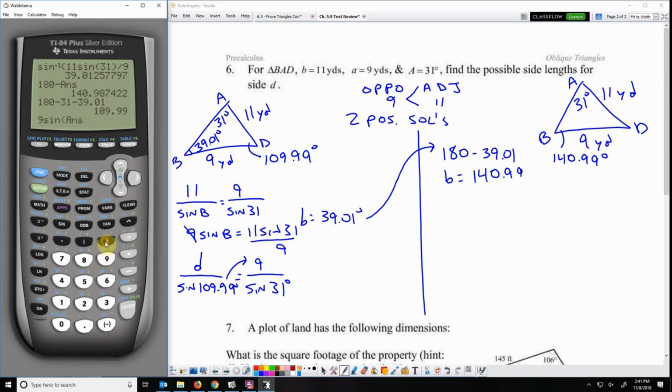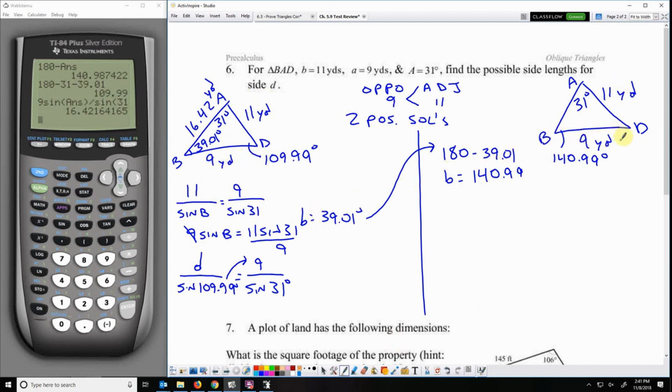So I'm just going to bring in that answer, divided by sine 31. 16.42. So this last side is 16.42, and that's in yards. Okay, so I've got a full set of answers here.